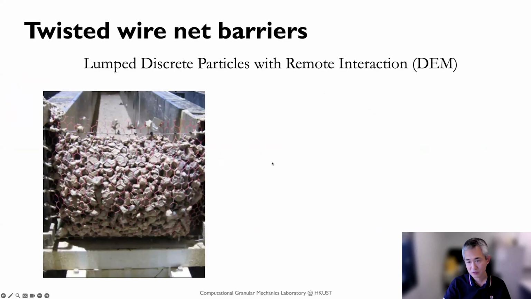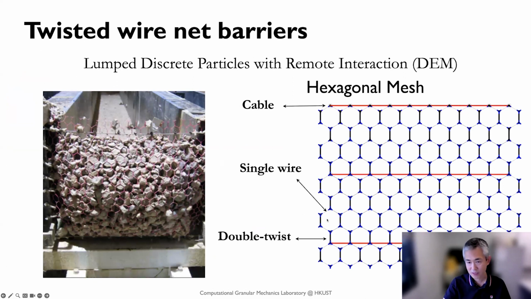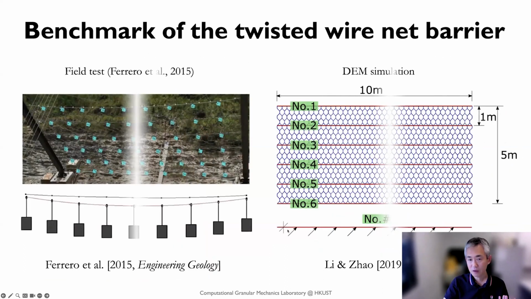We can also capture these fine details by assigning different stiffness and strength for the remote bond. So this is how we model this twisted wire here.